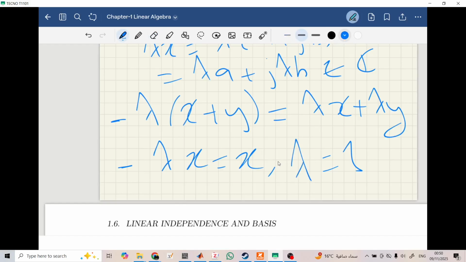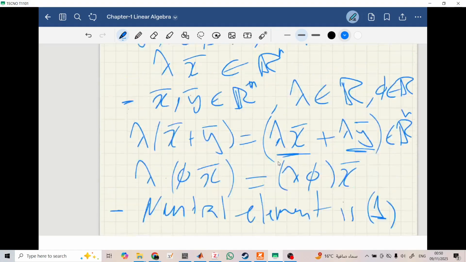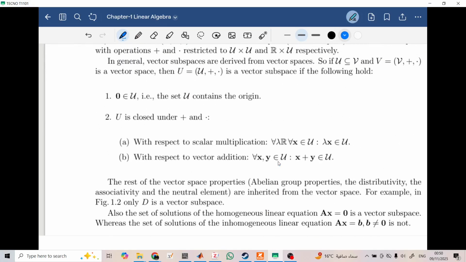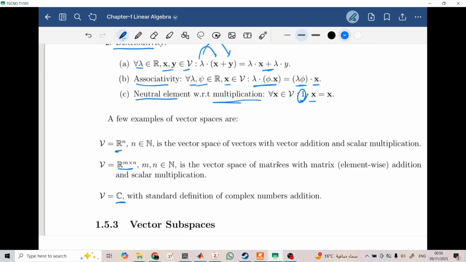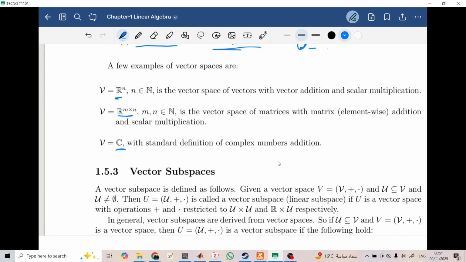It's very simple. So we have shown that all those three are vector spaces.